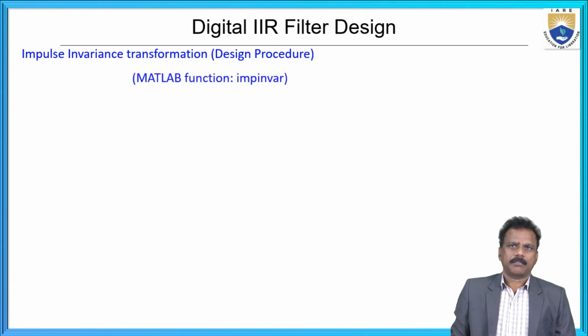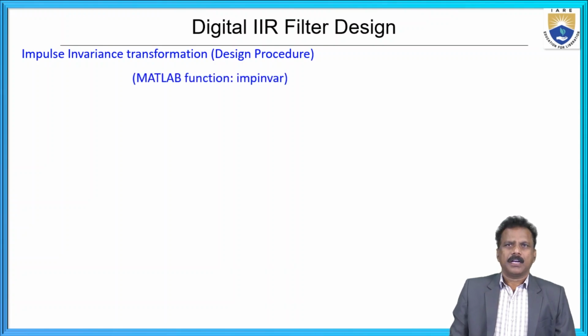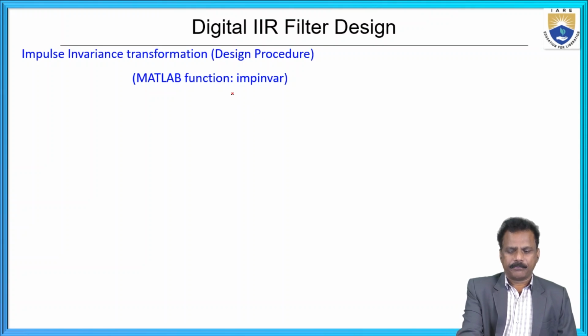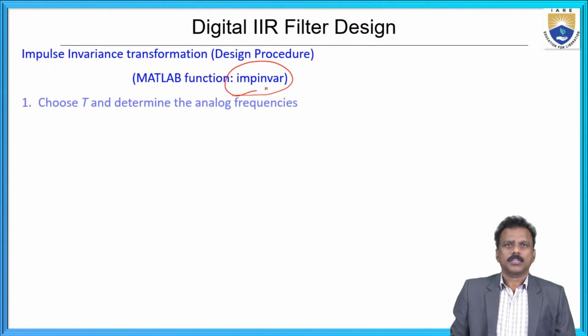Once we have this design procedure, we write a piece of code using the built-in function with the help of MATLAB. We can consider the MATLAB function impinvar. This is a built-in function to choose T and determine the analog frequencies.